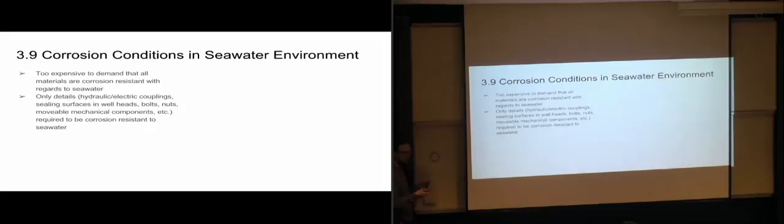But if we get a much larger coating and we get it on both surfaces, we can start having a problem with the shaft that's supposed to be able to rotate in there. It basically gets locked in place by all of the corrosion, all of the rust that happens inside there. So whenever we have movable components, we prefer them to be corrosion resistant to seawater.